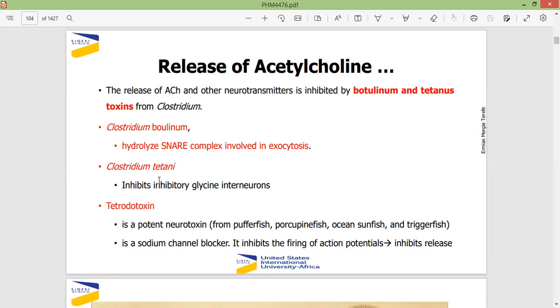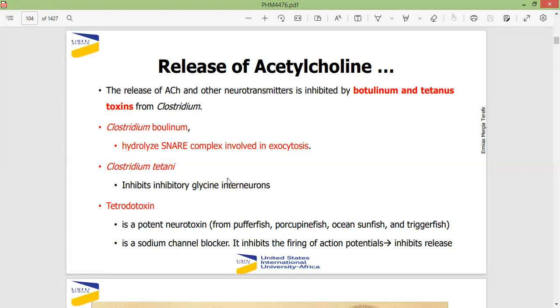However, for tetanus, what Clostridium tetani does is it inhibits the inhibitor. Remember that analogy. Once you inhibit the inhibitor, you lead to more activation, because the glycine interneurons were supposed to be the balance of the contraction.